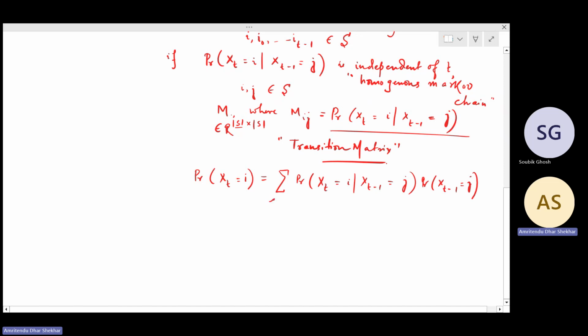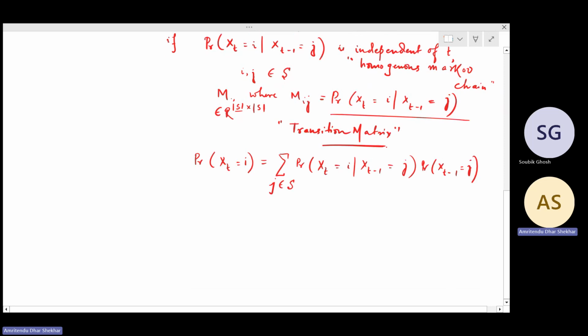So this is equal to Mij by how we've defined the transition matrix, along with this term, and you have summed it over all j.